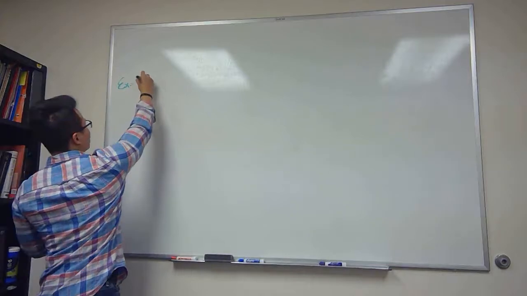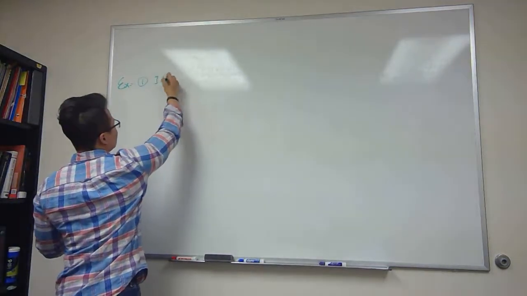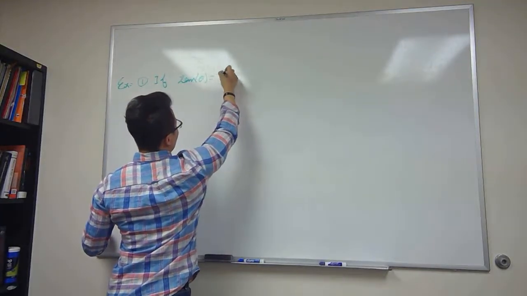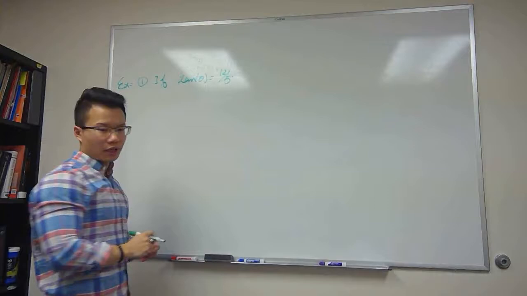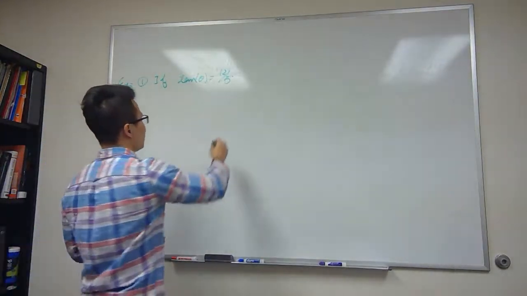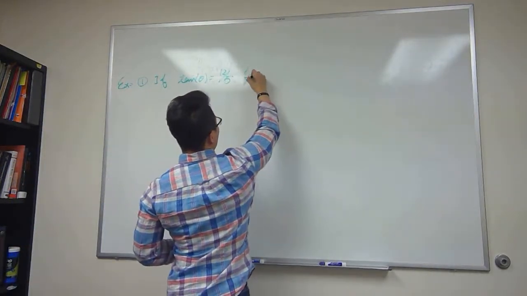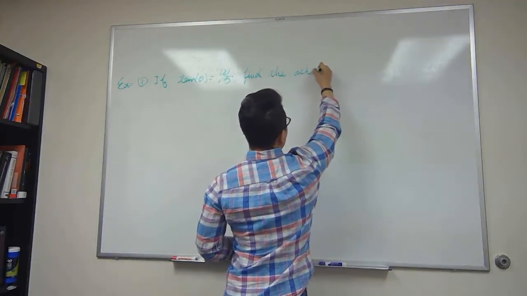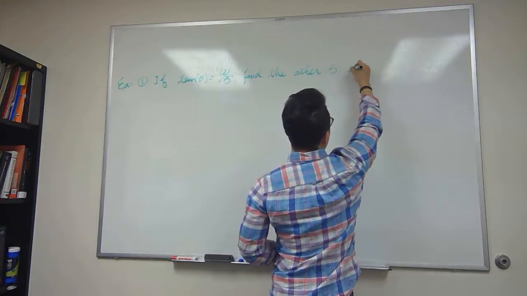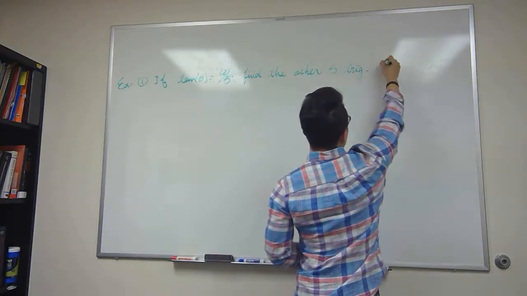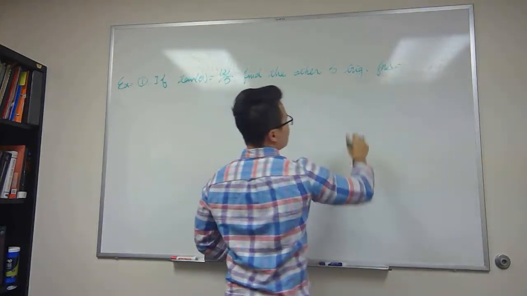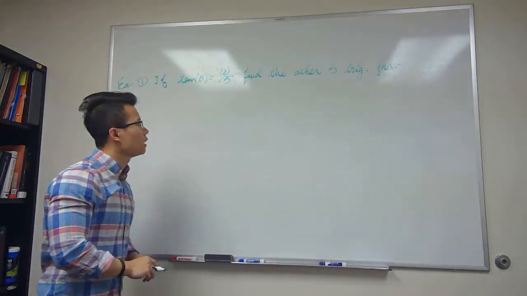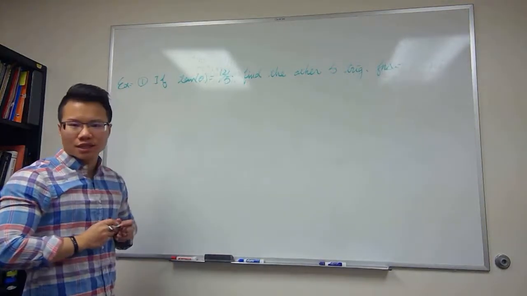Number 1, if tangent theta equals 12 over 5, what we want to do is find the other 5 trig functions. How do we find the rest of the trig functions in here?